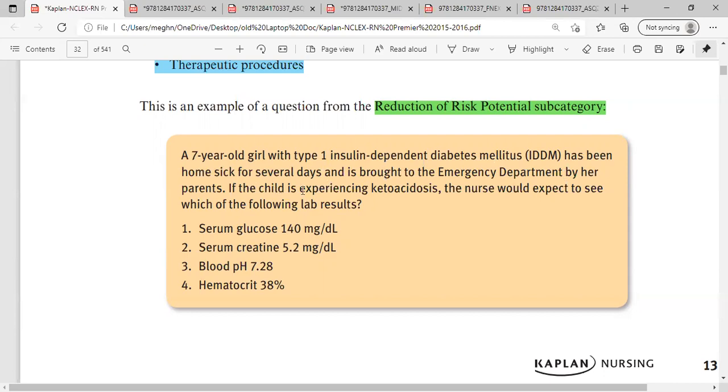If the child is experiencing ketoacidosis, the nurse should expect to see which of the following lab results?